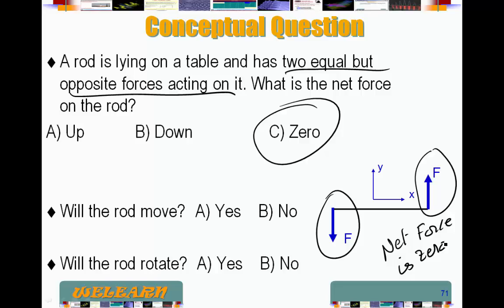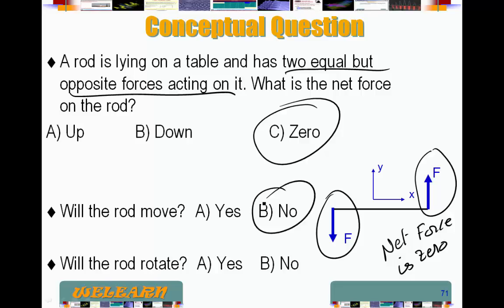An object moving at constant velocity will keep on moving at constant velocity unless we exert on it a non-zero external force, unbalanced external force. We don't have that in this case. So the rod should not move.